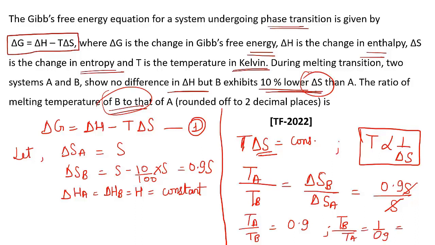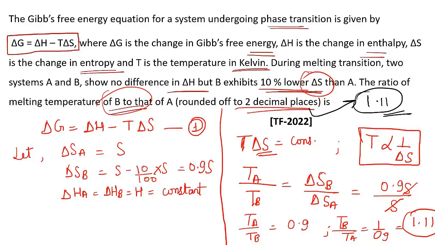When you solve, it comes out to be 1.11, rounded off to two decimal places. So 1.11 is the correct answer. It is a 2 mark question, so just focus on the basics and you will solve it easily.